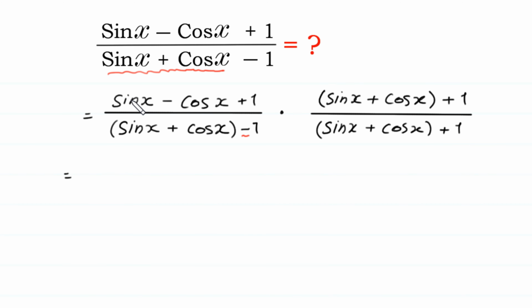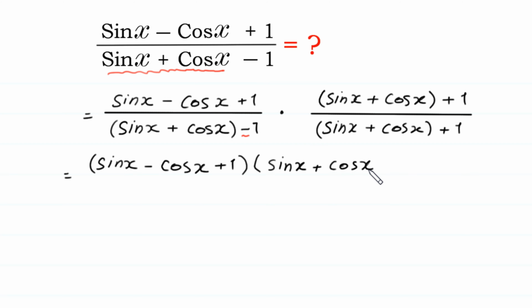We write this expression first: sin of x minus cos of x plus 1, and multiply by this expression sin of x plus cos of x. Now we write this expression without parentheses plus 1 divided by. Now we multiply this denominator by this denominator.